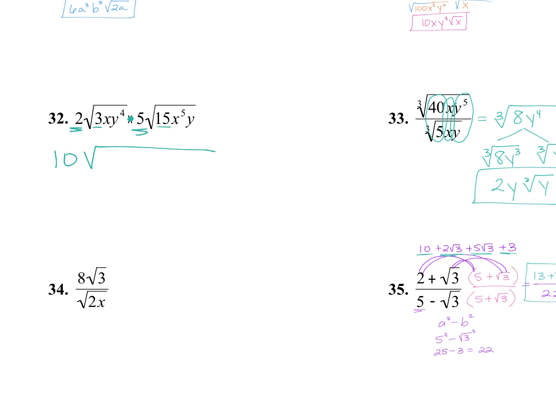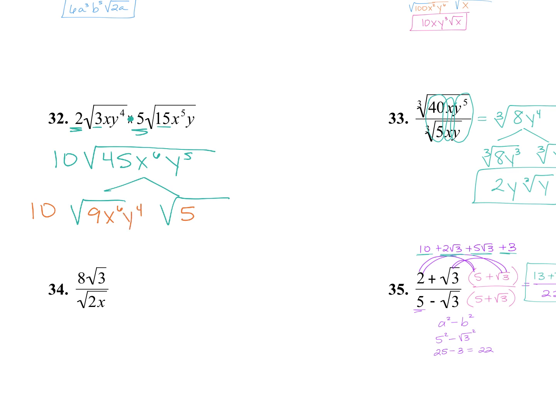All right, so now multiply this. This is 45 x to the 6th, y to the 5th, okay? Break that into perfect and not perfect, but don't forget about your friend the 10. So square root of 45, what's that going to break down to? 9 and 5. Okay, x to the 6th is a perfect square.